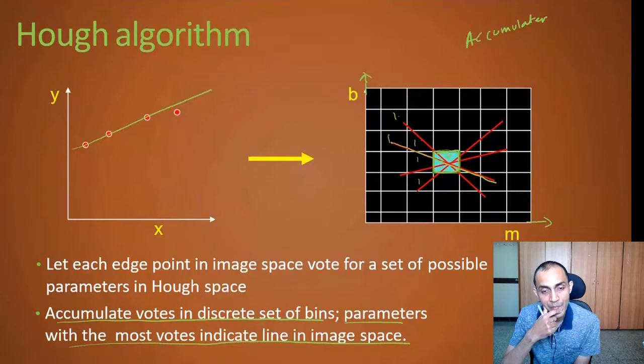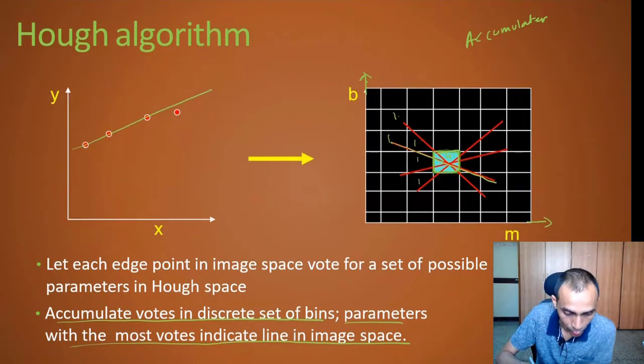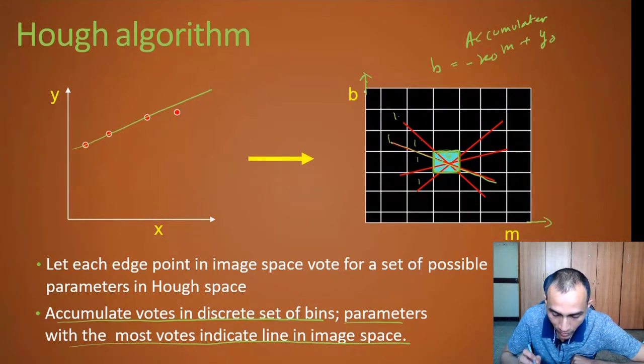So each point in the image space will correspond to a line in the Hough space, and at the end of the algorithm we will solve more than one equation simultaneously in order to obtain the common point. Yes, you are correct.